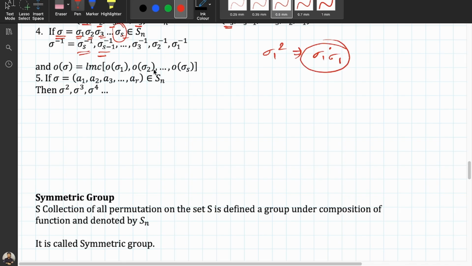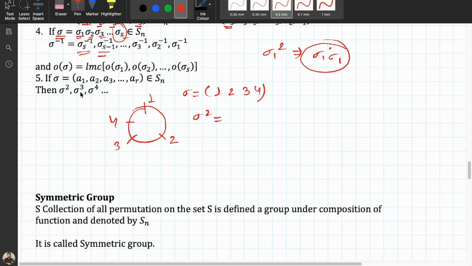But what's the trick that I will show you? If you have a permutation like this, for example, 1 2 3 and 4, it means 1 goes to 2, 2 goes to 3, 3 goes to 4. This is my sigma. I want to calculate sigma square. What is sigma square?